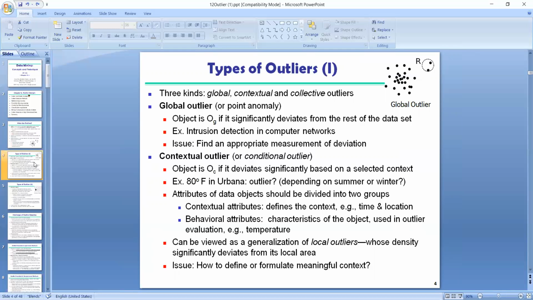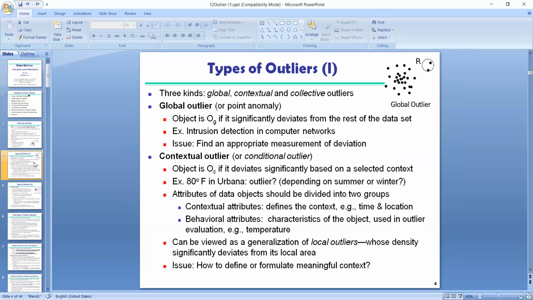Now, the second category of outliers is contextual outliers, which are also known as conditional outliers. As the name indicates, it depends on the context. For example, suppose today the temperature is 12 degrees centigrade.